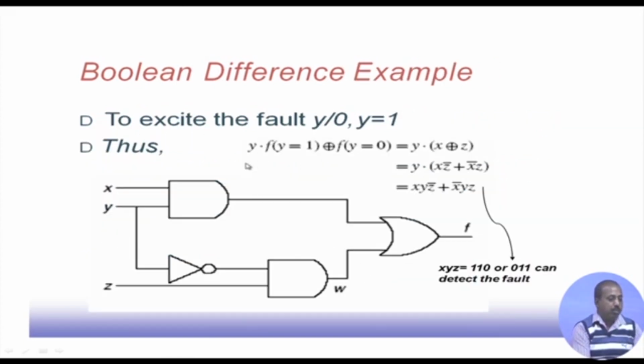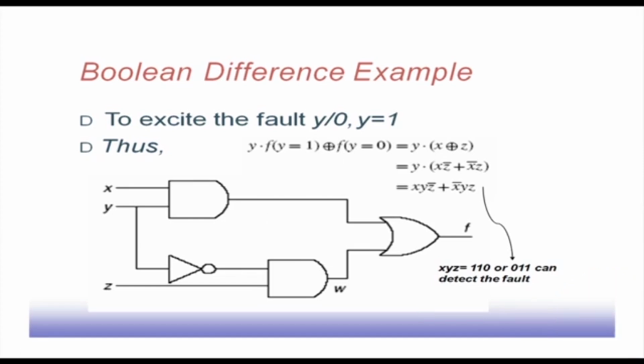To excite the fault y stuck at 0, first of all this line y should be equal to 1, and the remaining part will ensure that f with y equal to 1 and f with y equal to 0, these two functions being XOR 1, will ensure that the fault actually propagates.